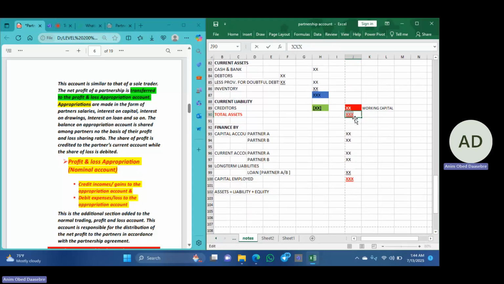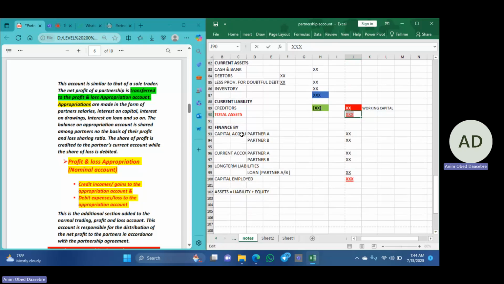The total assets must be equal to the capital employed so that it will balance the equation. That is what we learned under the accounting equation. The accounting equation says that assets of the business must be equal to the liability and the equity of the firm.